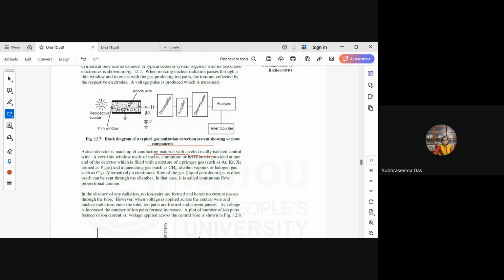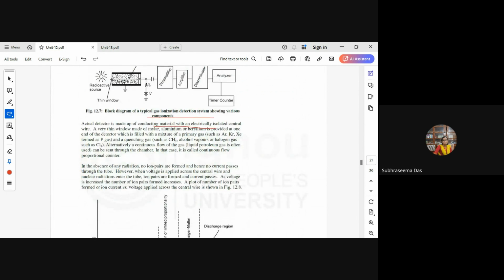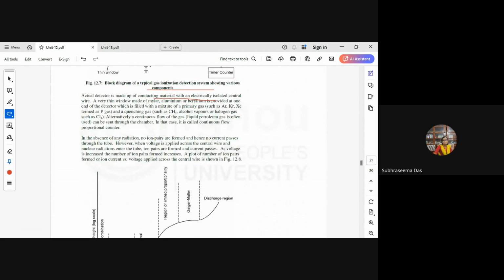A very thin window, made particularly of aluminium or beryllium, is provided at the end of the detector, and a quenching gas is also provided. A continuous flow of the gas is maintained, and the number of pulses generated at the end of the ionization chamber is measured in the counter.